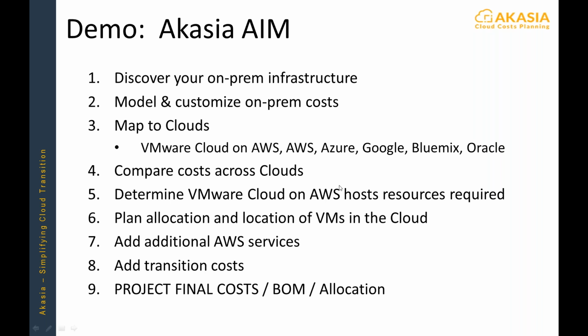We compare costs across different clouds. And okay, this was specific to VMware Cloud. Then we planned allocation and additional services in AWS or Azure, and then added transition cost as well, which we did, migration cost, and then you saw the final cost, bill of materials and allocation and so on and so forth.